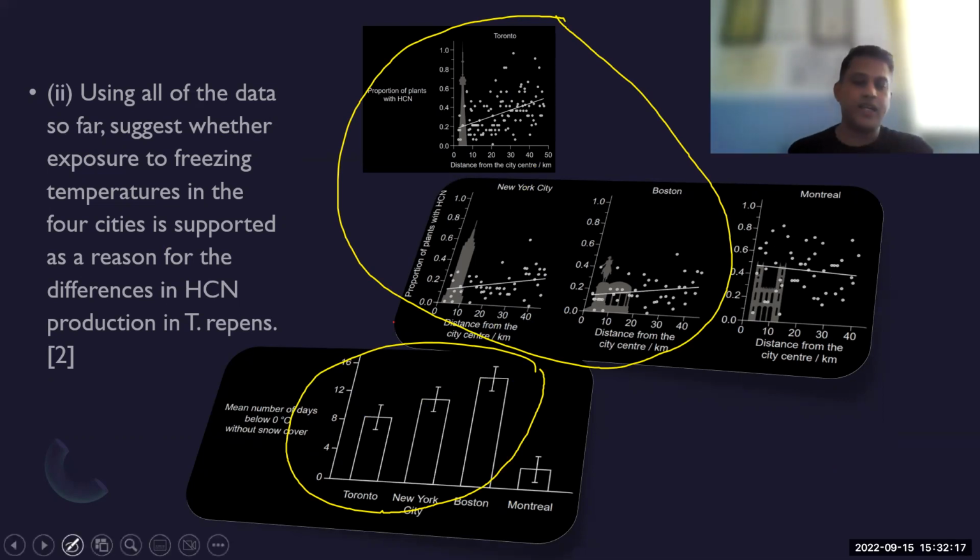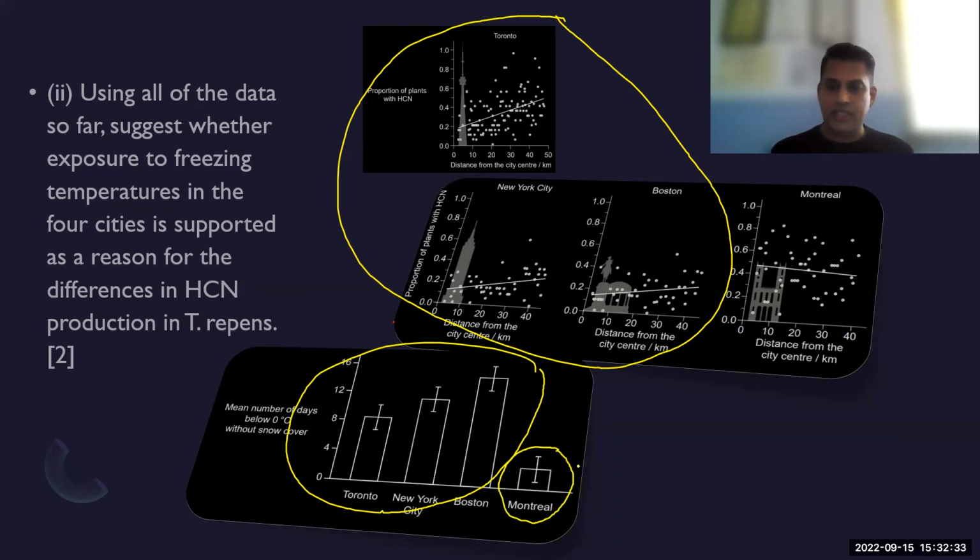So only we can take Montreal, which has a temperature a little bit higher than Toronto, New York, and Boston. Then it shows this negative correlation.